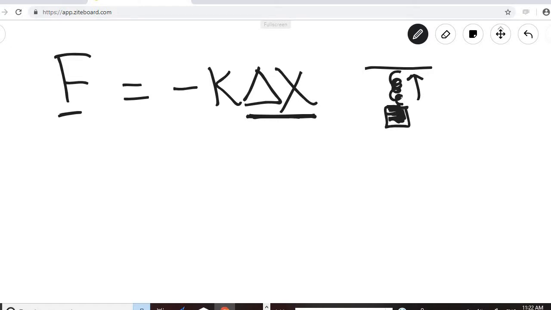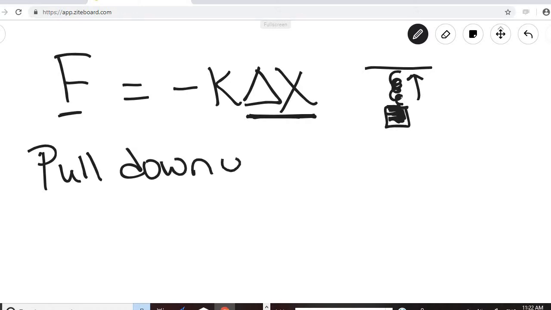Okay, so let's look at the signs. If you pull down on the spring, then the spring will pull upward.